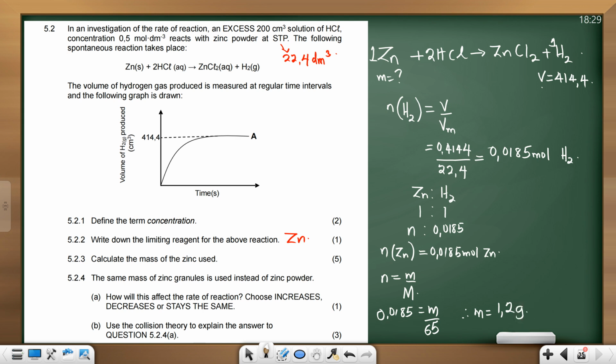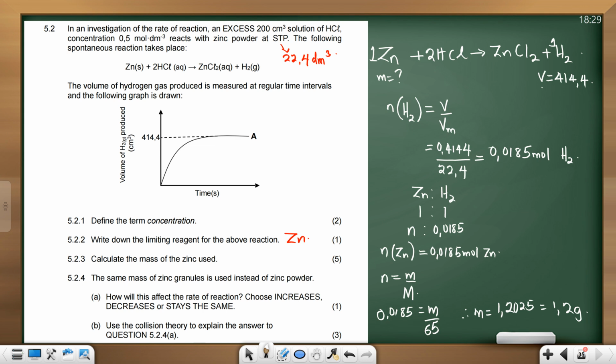No. Over 2 zeros. 1,2025. Okay, which is the same as 1,2 grams. Guys, I don't know if the 5 marks is very easy. Straightforward.